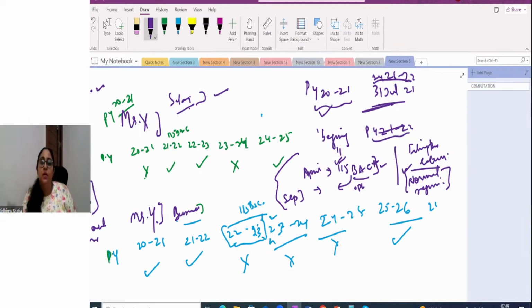So again, TDS under section 192 would be deducted as per 115BAC only when the intimation is given by the employee. If no intimation has been made, the TDS would be deducted without considering the provisions of 115BAC. Clear?